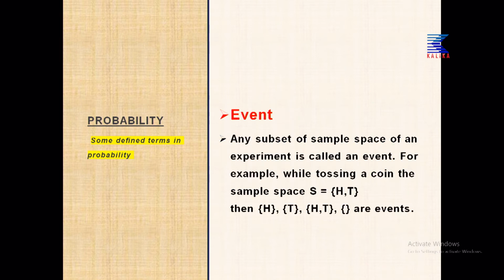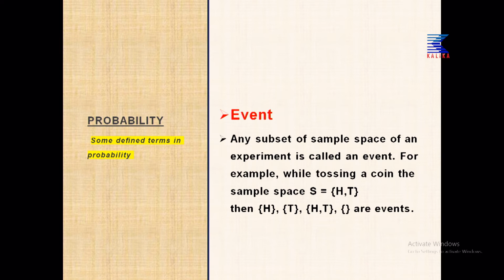Next, event. Any subset of the sample space of an experiment is called an event. For example, while tossing a coin, the sample space S is equal to {H, T}. Then {H}, {T}, both H and T, and the null set are known as events.